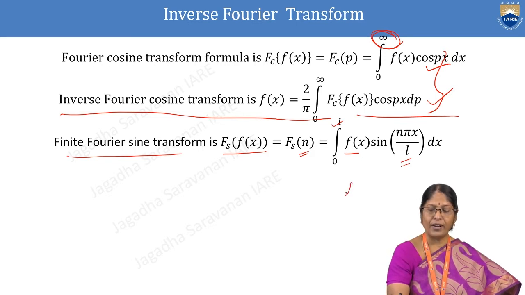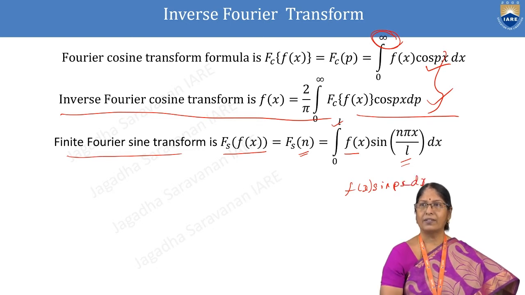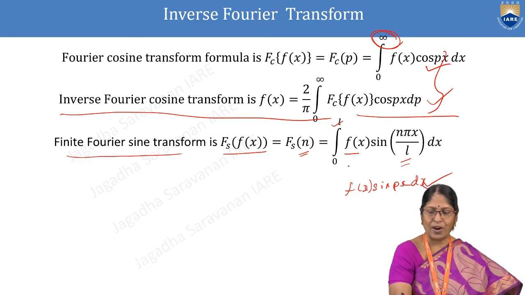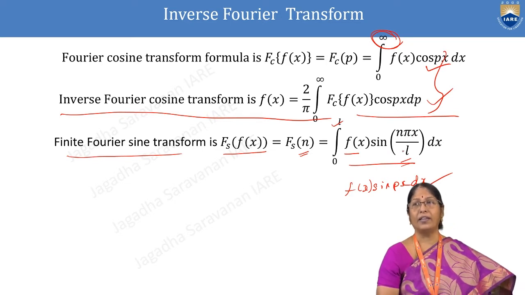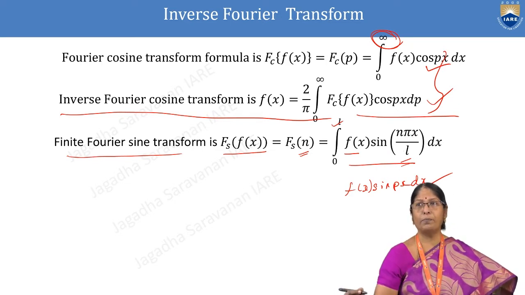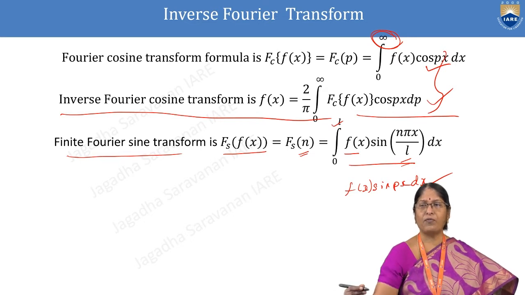Whereas for infinite, we write only f of x sine px dx. For finite, f of x into sine of n pi x by L dx. So the difference between the finite and infinite formulas we have to note down carefully.